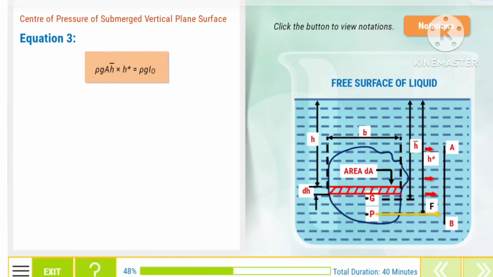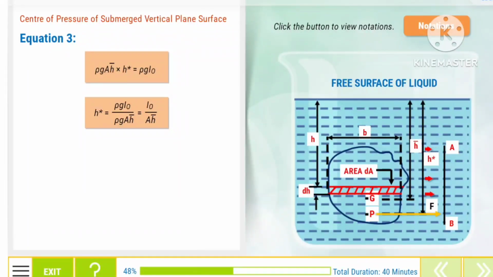Let's consider this as equation 3. Alternatively, we can also have h star is equal to rho g I naught divided by rho g A h bar, which is equal to I naught by A h bar.